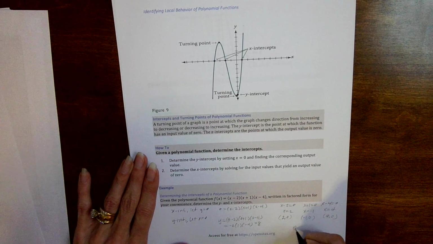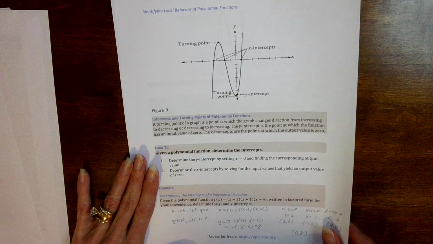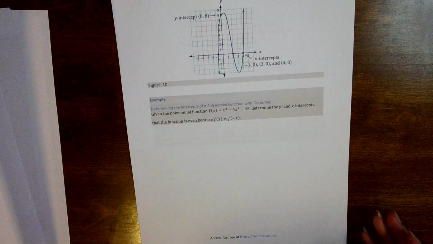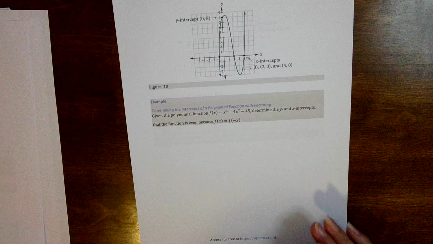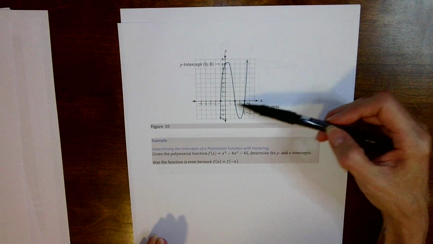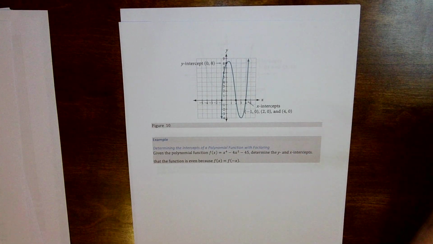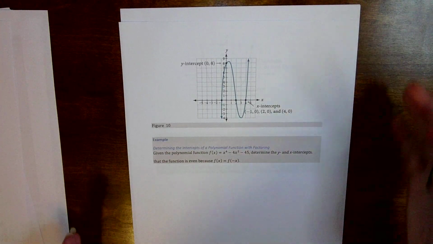So I have (0, 8) for my y-intercept. And there is the graph of what we just did. And you could have also put that equation exactly how it was presented to you in Desmos and clicked on the intercepts, and they would have given you the same information.